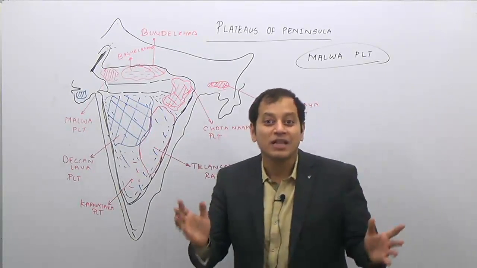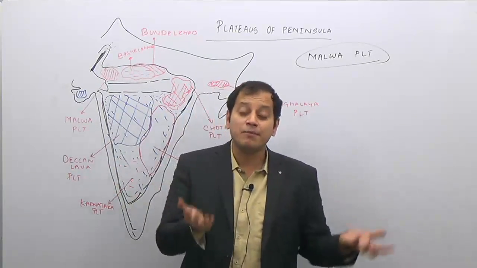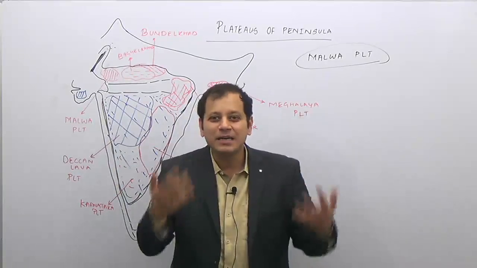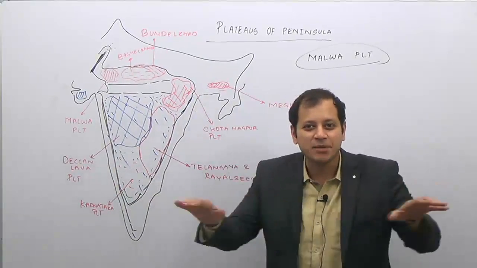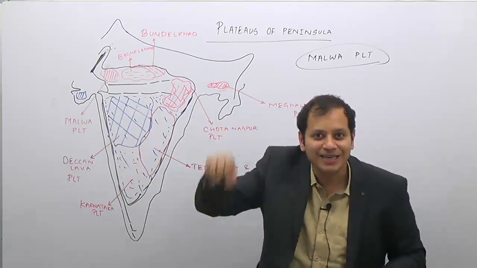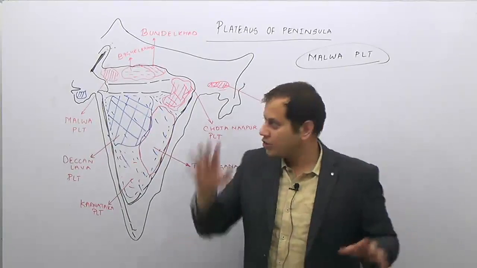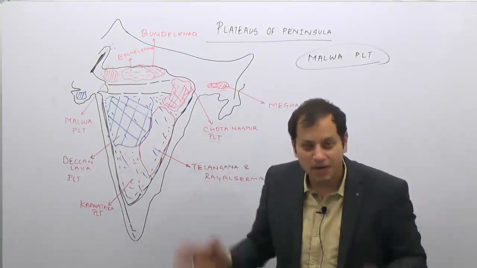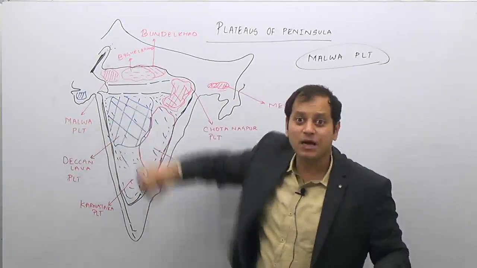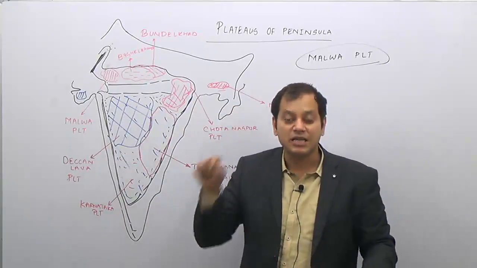Even though the Deccan Plateau may originally have been made up of gneiss and schist, what happened later on? A volcanic eruption occurred. This entire part, where the volcanic eruption occurred, is today covered with basalt rock. So the entire peninsular plateau, except the Deccan Lava Plateau, the Maharashtra Plateau, is covered by volcanic rock.